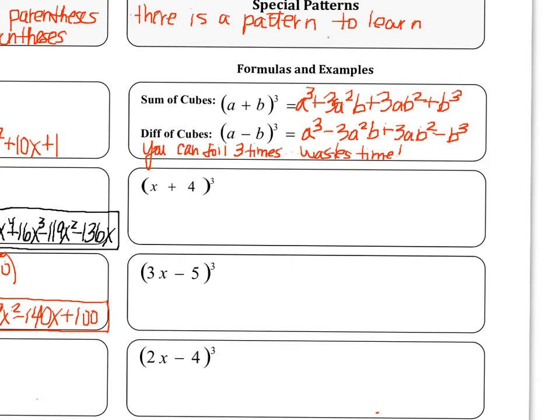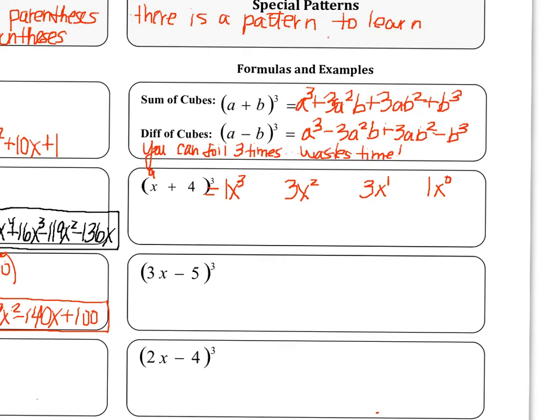So I'm going to write down all my coefficients. I've got a 1, a 3, and a 1. This is just a pattern. Now I take my a, or in this case, my a right here is my x. So I'm going to do x to the third, x to the second, x to the first, and then x to the 0th.